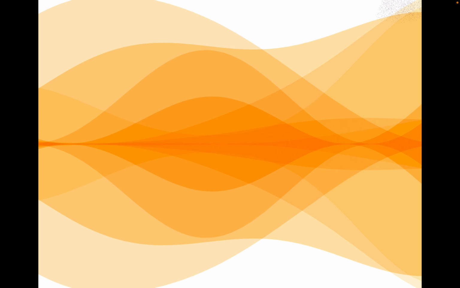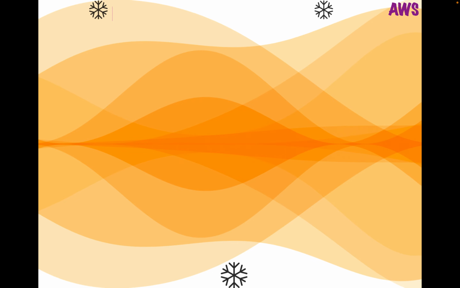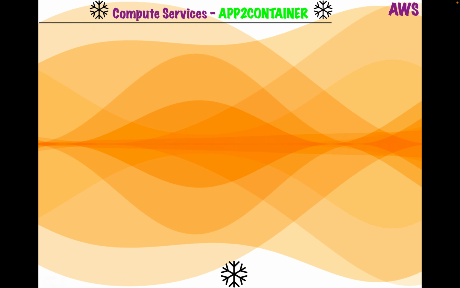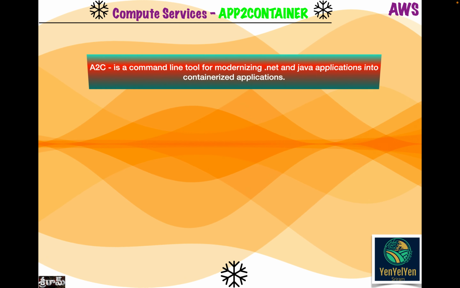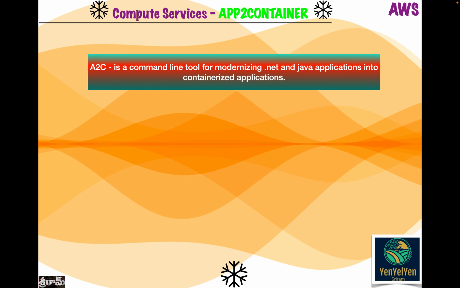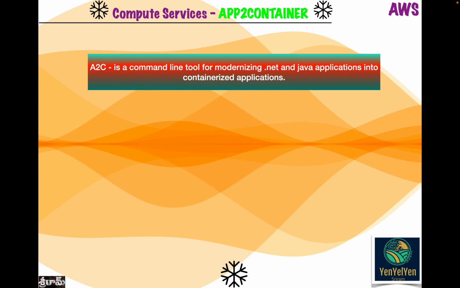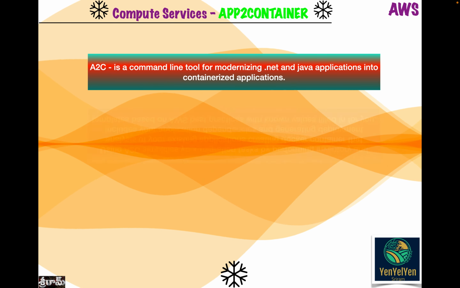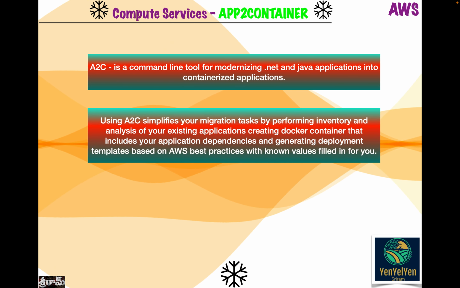The last compute service available is App2Container. App2Container is a command line tool for modernizing .NET and Java applications into containerized applications.